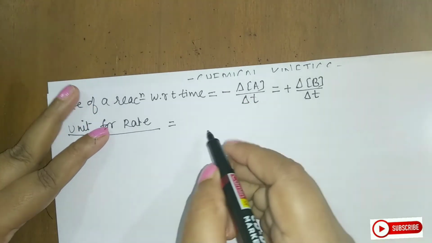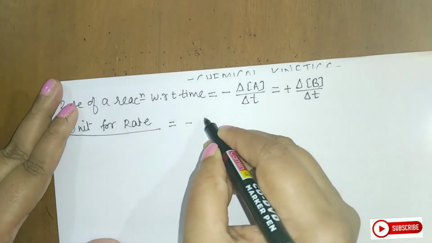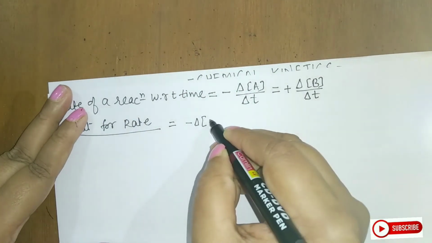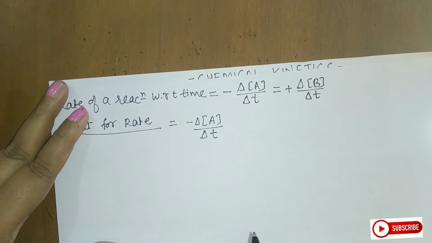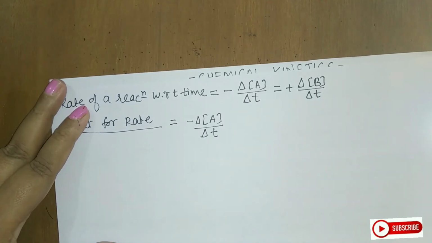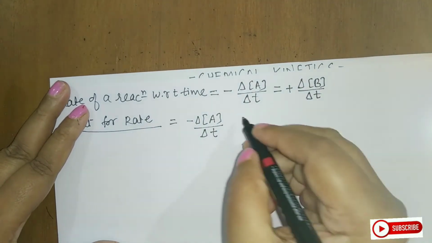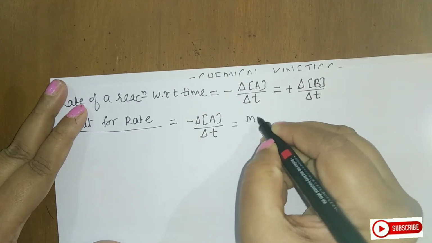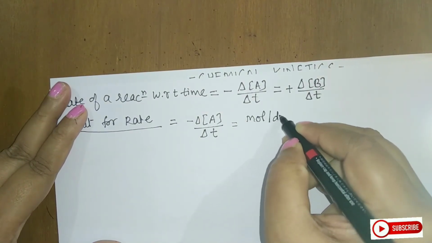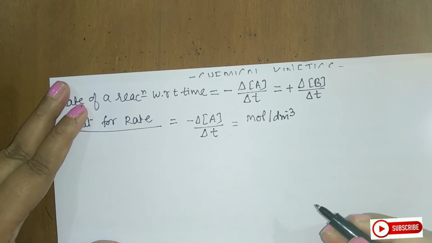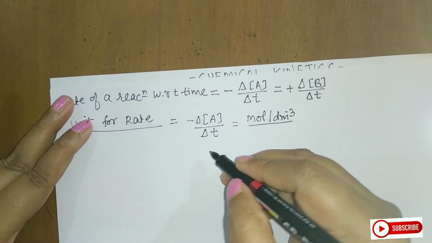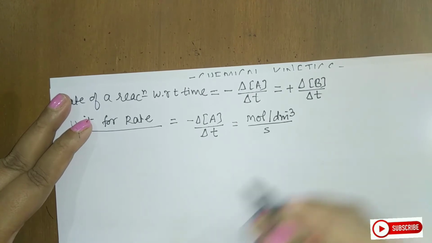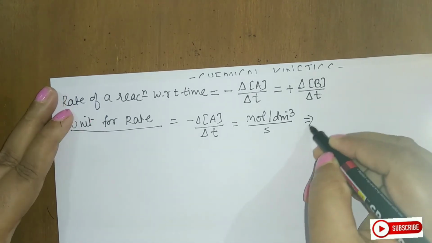So for this, let us take the first component, minus A. Here the minus or positive sign only indicates increase or decrease. So the unit here, students, is mole per dm cube or mole per liter upon time, or you can take this as second.